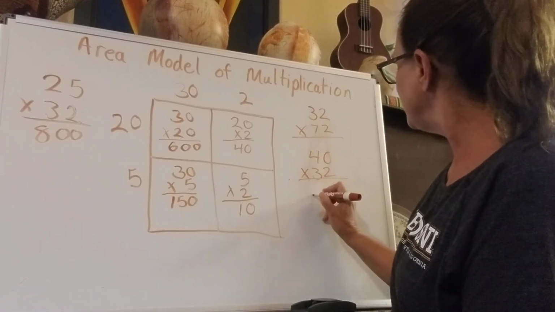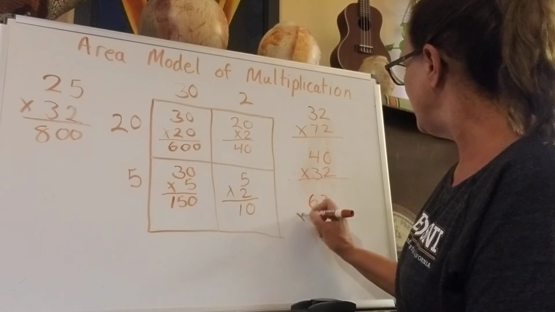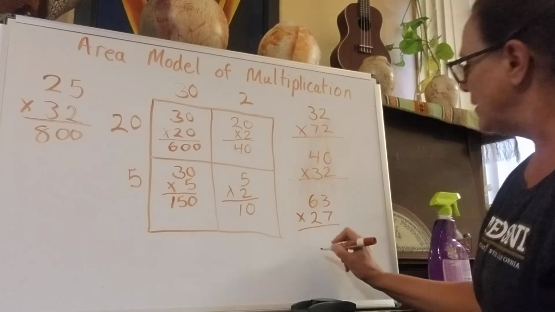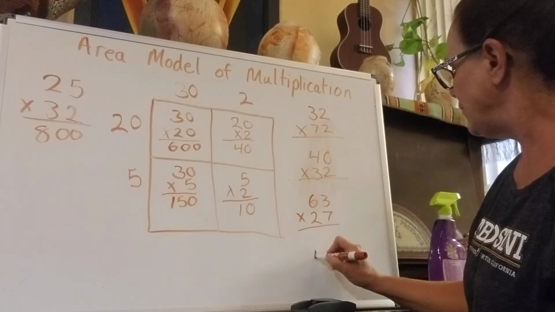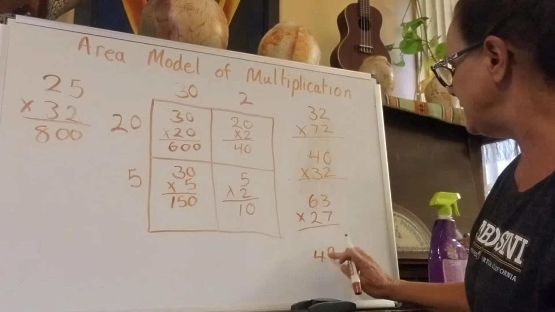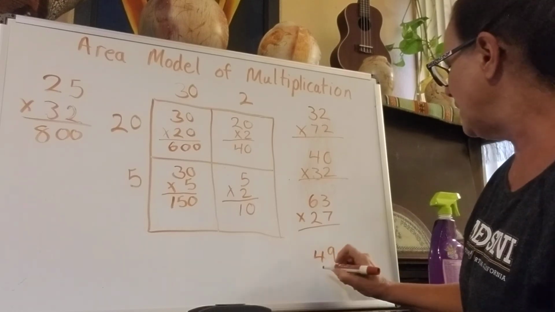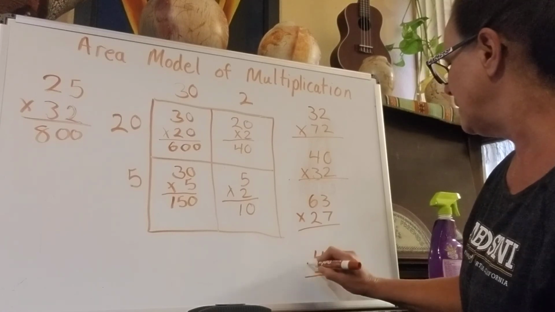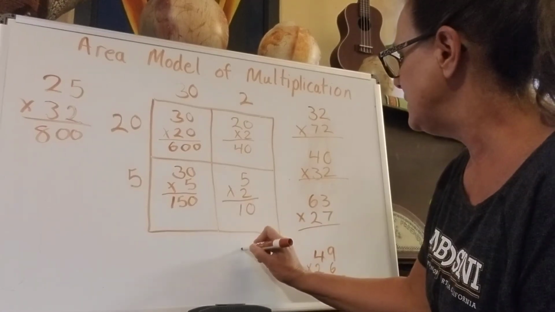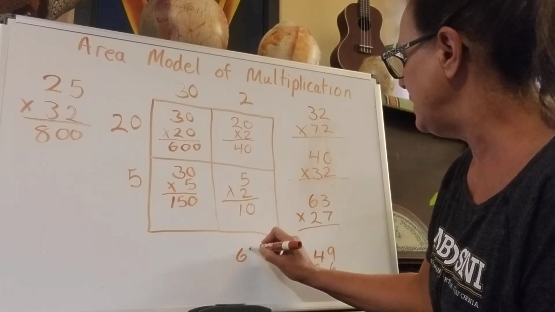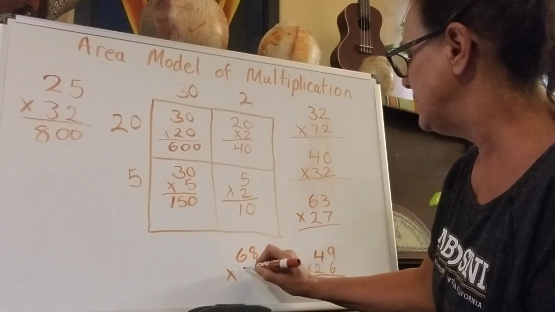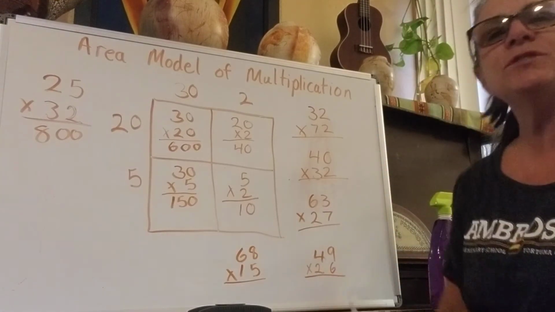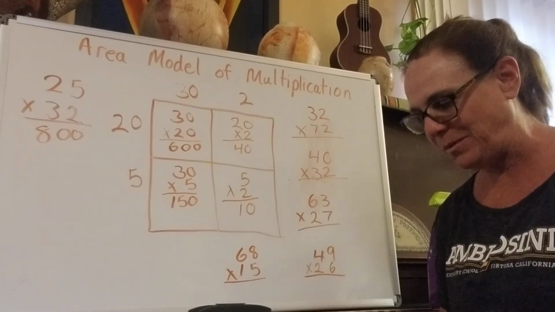How about 63 times 27, and 49, ooh, the 9s times 2, I bet you remember those, times 26, and 68 times 15. So there's 5 problems you can do, or you can create your own 5 problems.